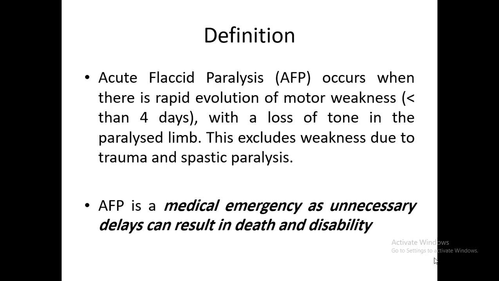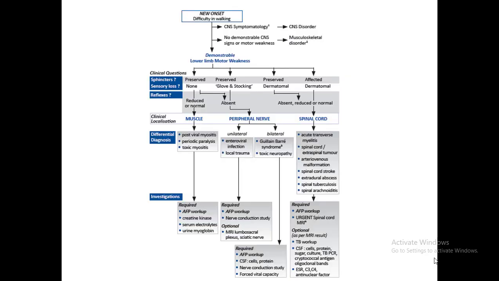This is very important. Once you encounter such a child, you need to hospitalize him and approach that patient formally and precisely. This is a formal, simple clinical approach to that type of children.